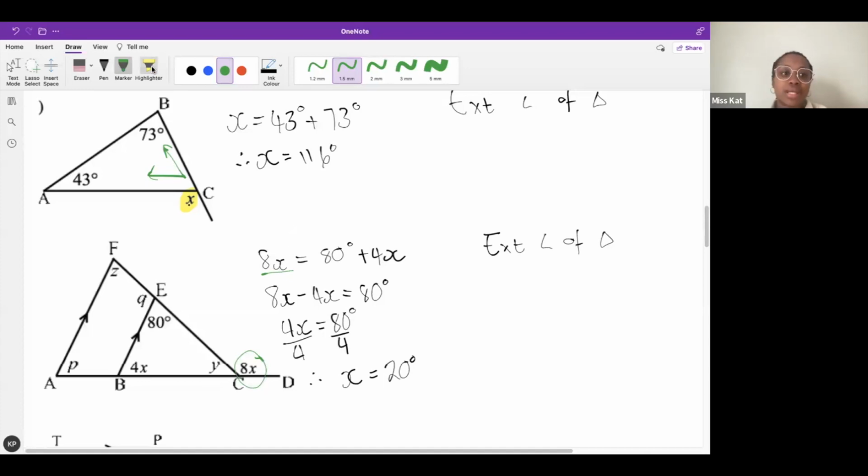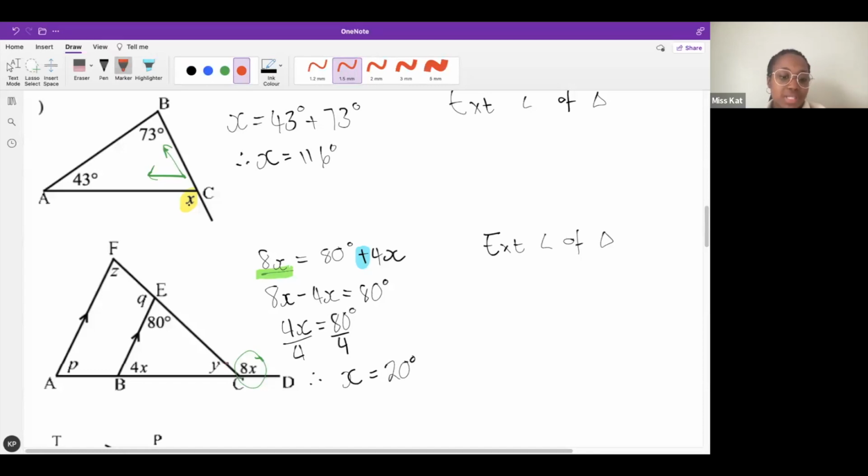What does sum mean? Which operation do we use when we say sum? Are we plussing or minusing or dividing? But which operation are we using? If I say to you sum of something, which operation? Addition. There we go. So you know we have to add something, right? Yes. So we have to add the opposite angles.